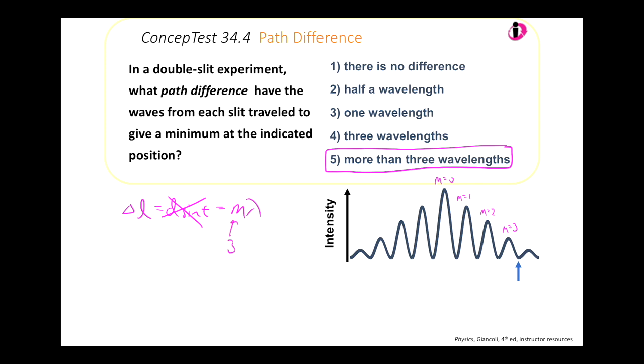So the delta L corresponds to a 3 wavelength difference. Since we're dealing with the destructive point just after that, that would be the point where m is equal to 3.5 officially. But we don't have that as an answer. It just says more than 3 wavelengths. And then that next little peak down there would correspond to 4 wavelengths for our delta L. Okay? That is the end of 3A.